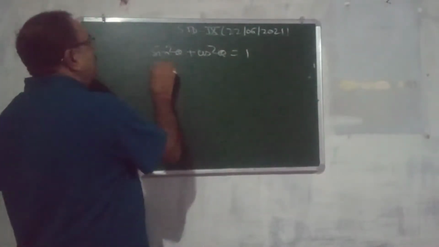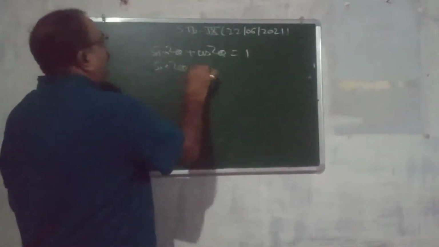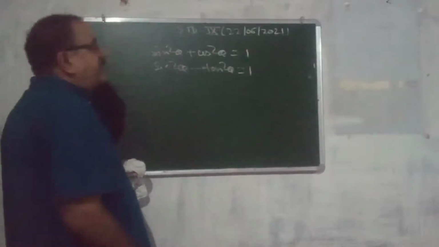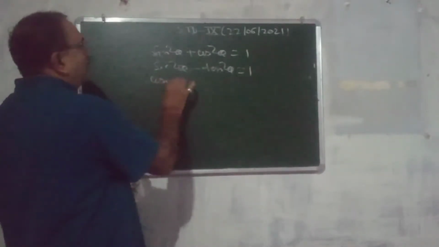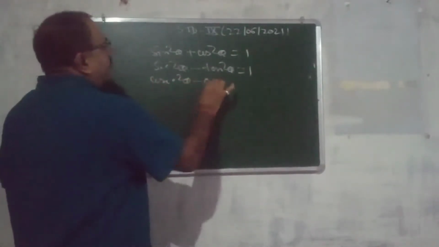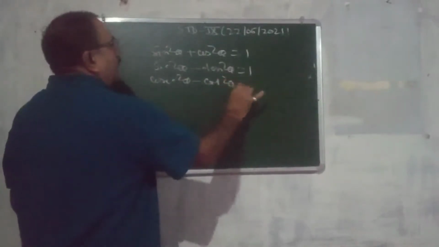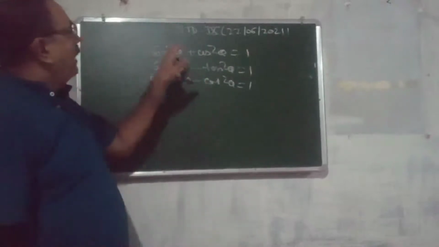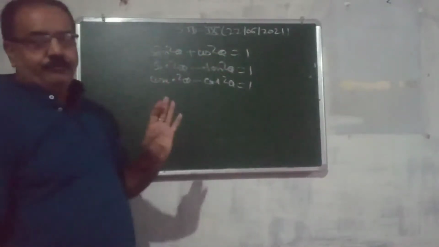This is the formula I gave in the first chapter. When the angle is the same, I have given you three formulas. Sin square theta plus cos square theta is equal to 1. The second formula given, sec square theta minus tan square theta is equal to 1. And the third formula given, cosec square theta minus cot square theta is equal to 1. So these three formulas equal 1 when the angle is the same.